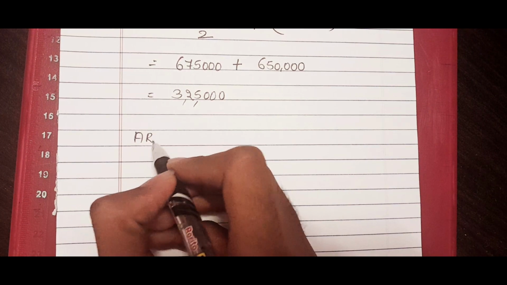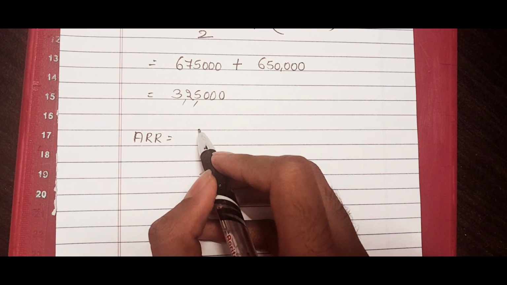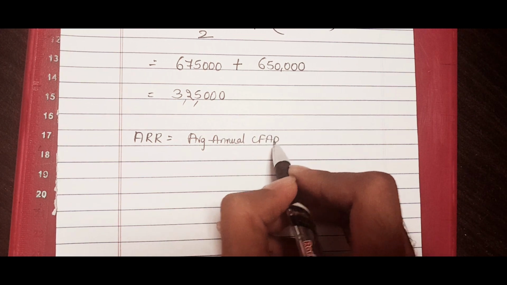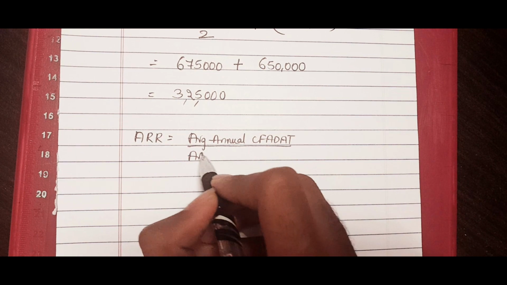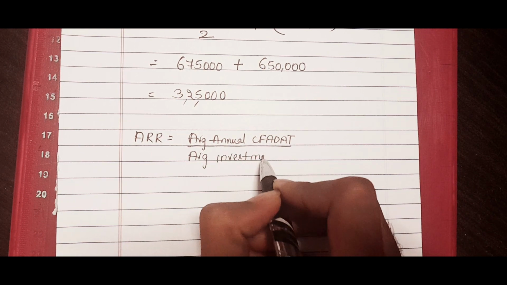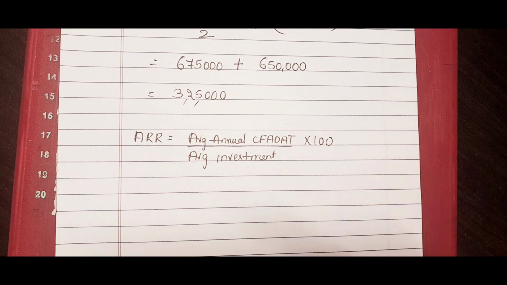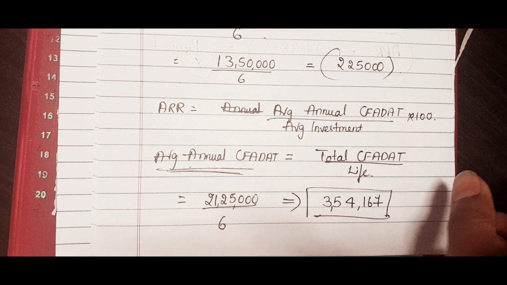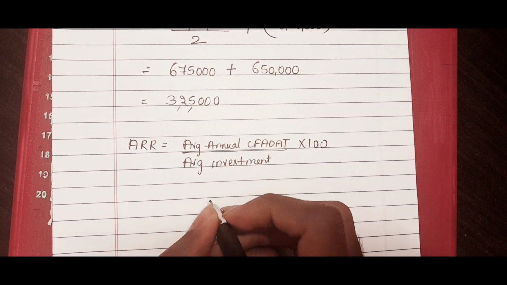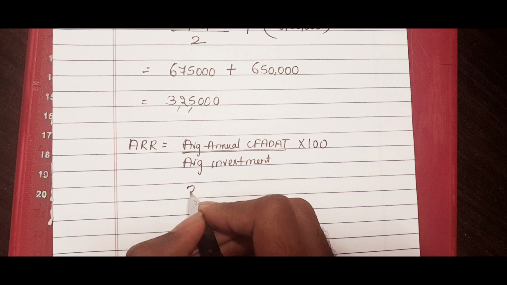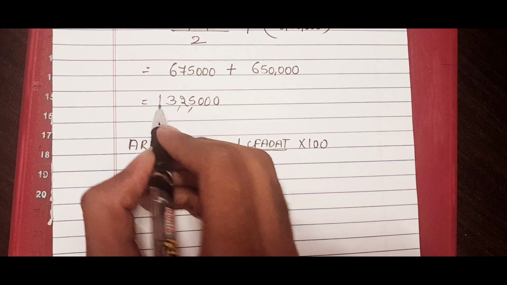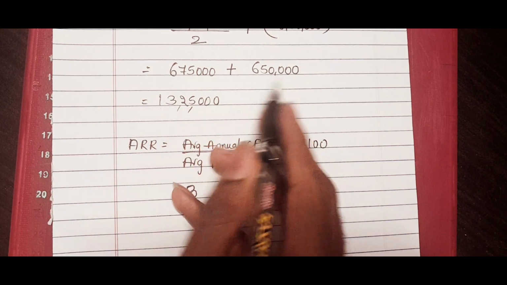Now we can find easily ARR. ARR is equal to average annual CFADAT divided by average investment into 100. So here we have found out average annual CFADAT is 3,54,167. So 6,75,000 plus 6,50,000 is 13,25,000.